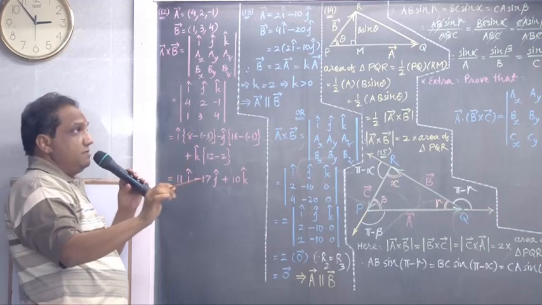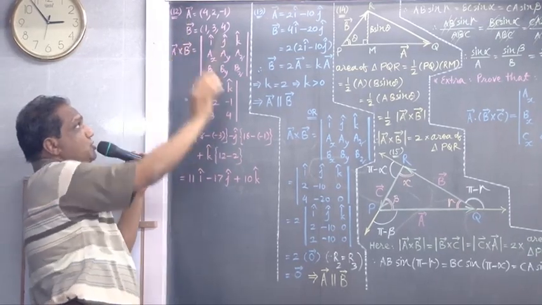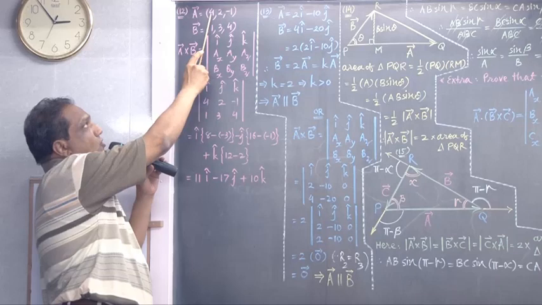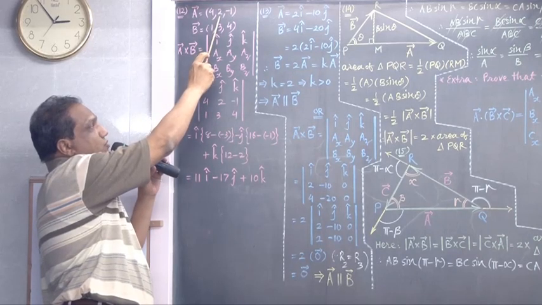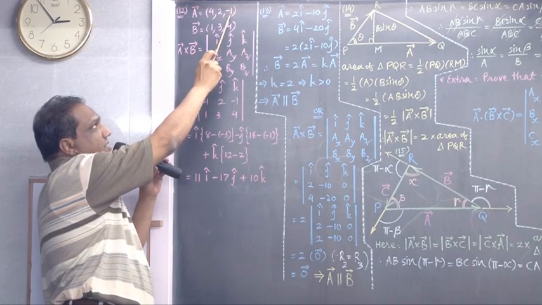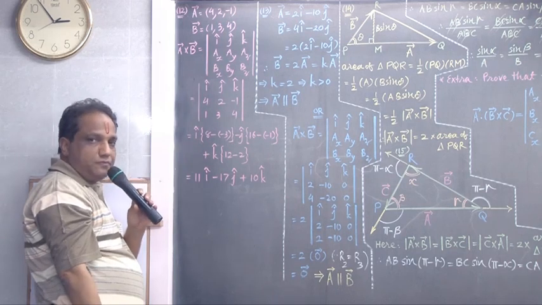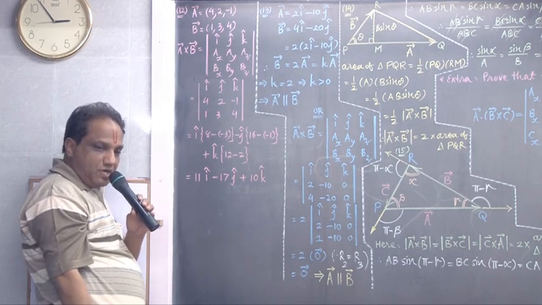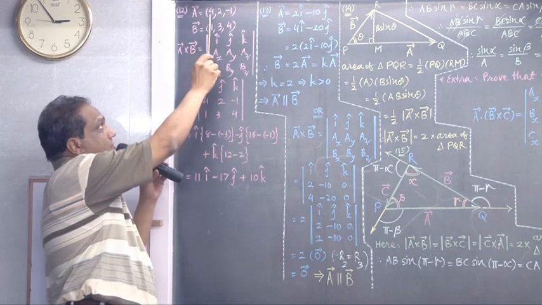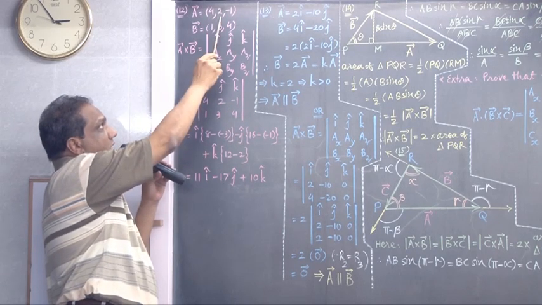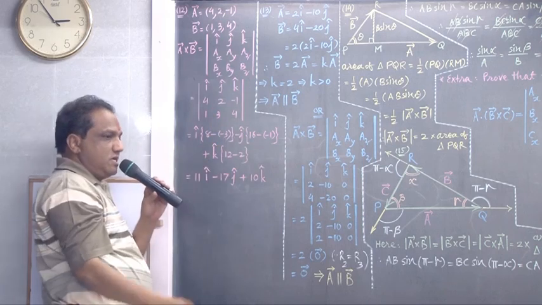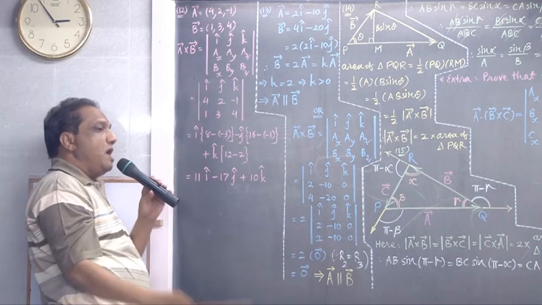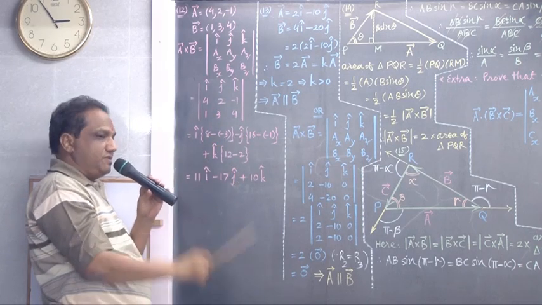You are given vector A equals 4i hat plus 2j hat minus k hat. What we have done is separate the components. What is the X component? The coefficient of i hat.